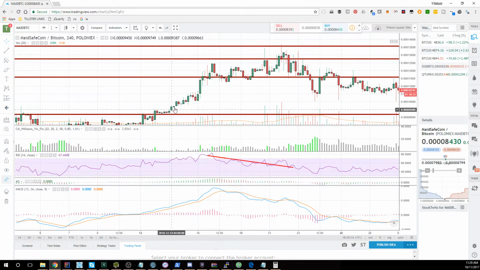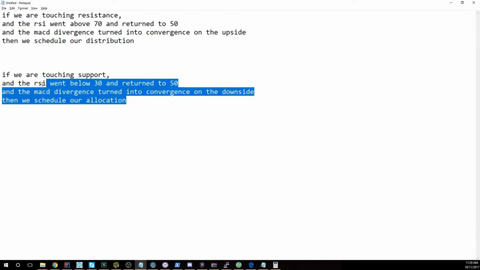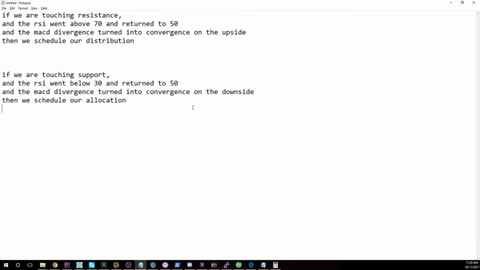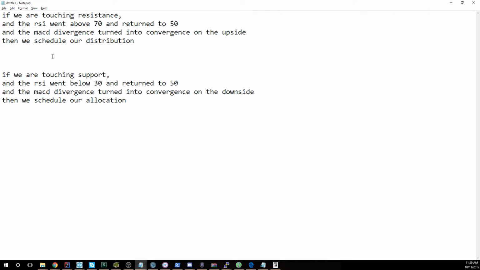Okay, so what are we talking about here? We're talking about a plan that we can automate. If this is what we want to do, then this is what we tell our automation to do.